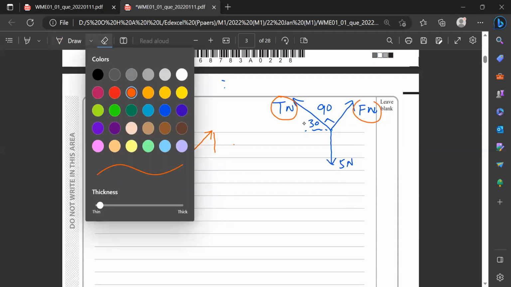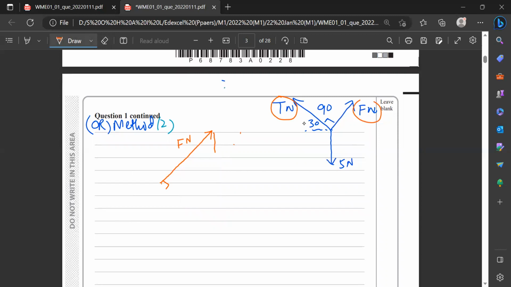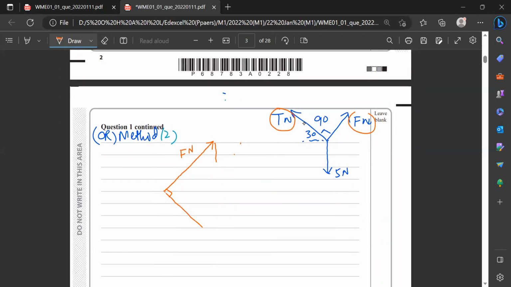So I can complete the figure like this, as there is no resultant. For no resultant, the head of the last should be joined with the tail of the first.